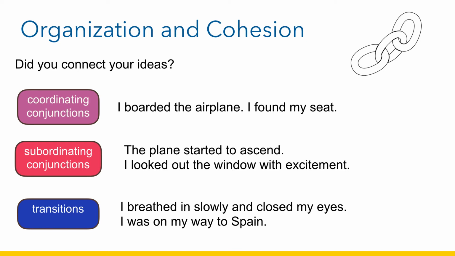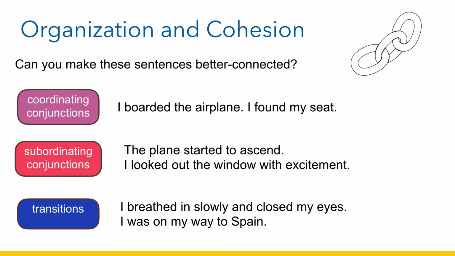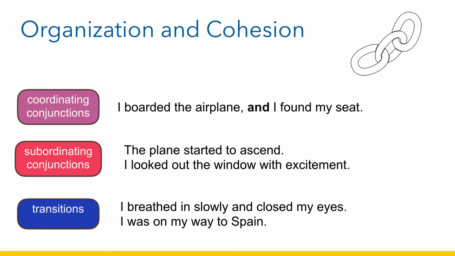The first example is missing a coordinating conjunction. Where can we put it? Maybe you notice that these two sentences could be connected with and. I boarded the airplane and I found my seat. In the second example, we need a subordinating conjunction. Which one would you choose?